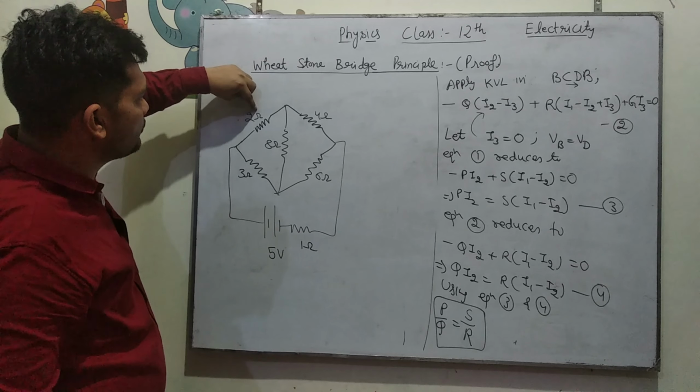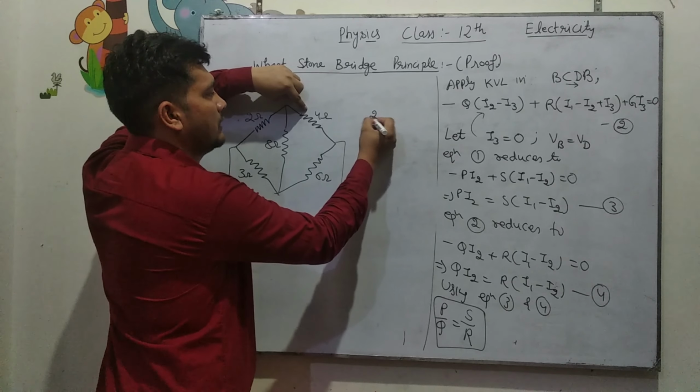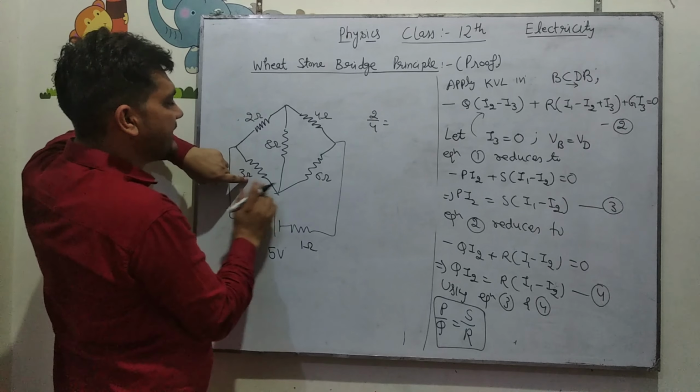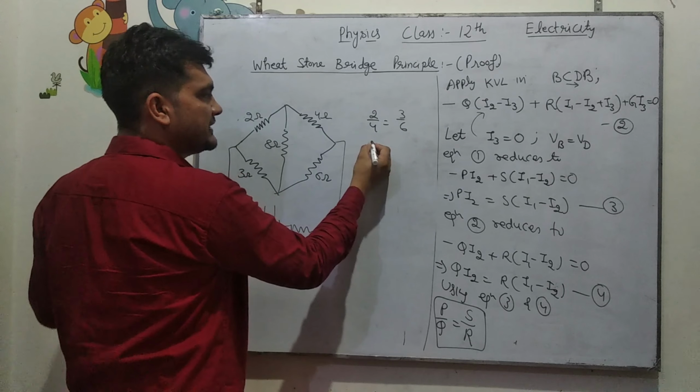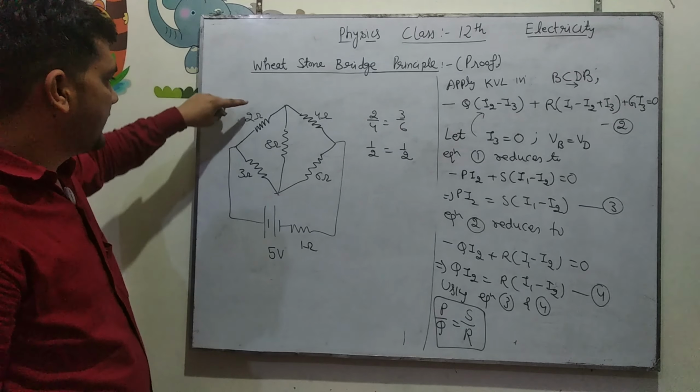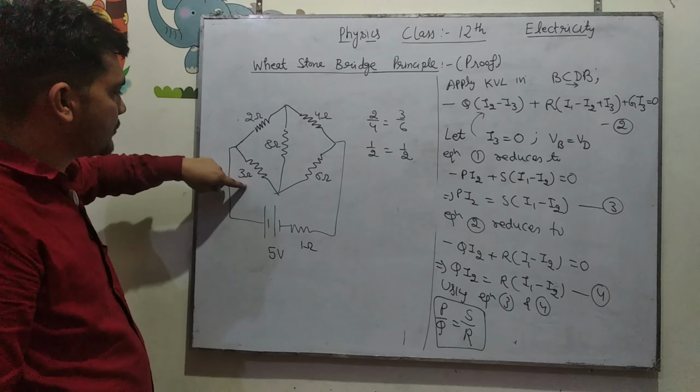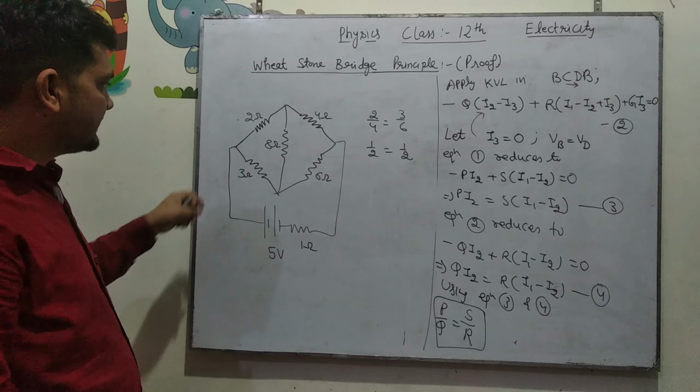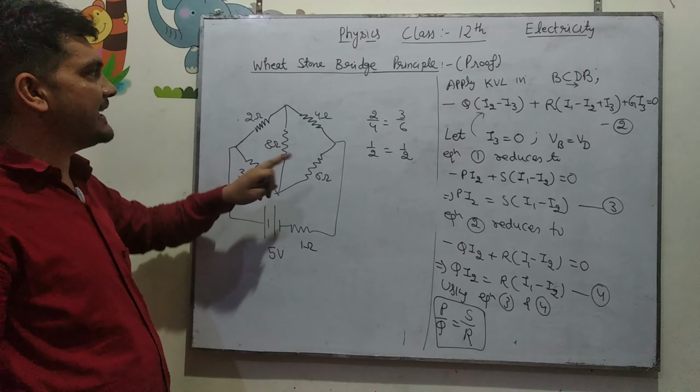Here the ratio is 2 divided by 4, and here the ratio is 3 divided by 6. So these ratios are equal. Ratio of 2 and 4 is equal to ratio of 3 and 6. It means this Wheatstone bridge is in balanced condition.